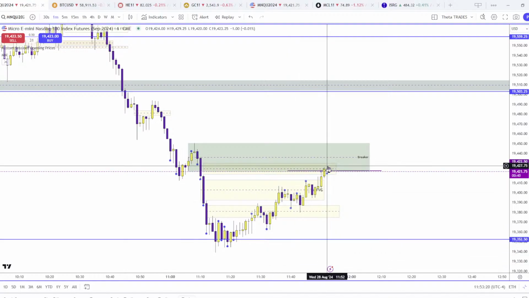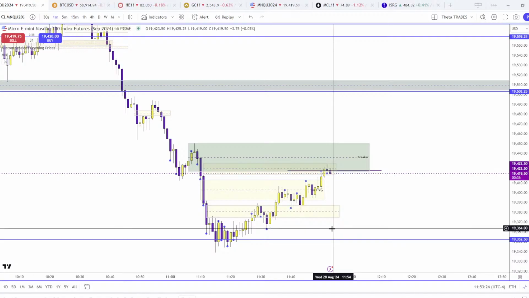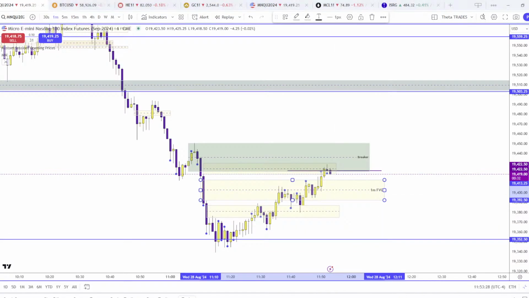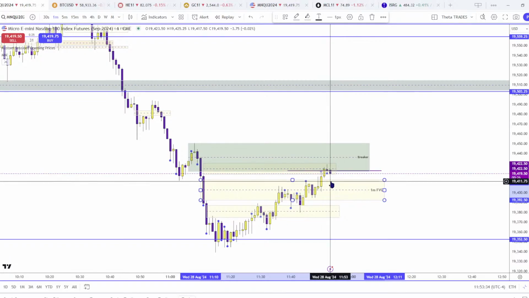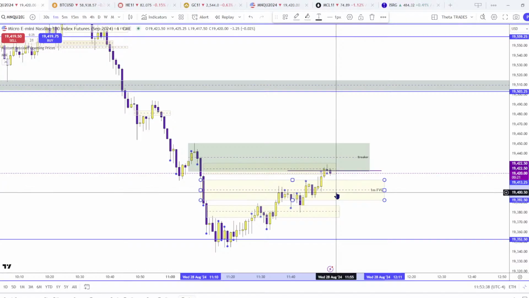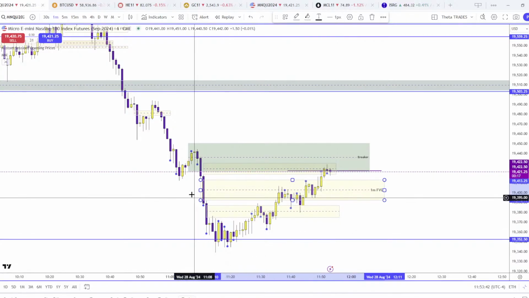Now I want to see the body get above here. Come back, find support on this, start pushing higher. You want these to be, we talked about these as the footings.